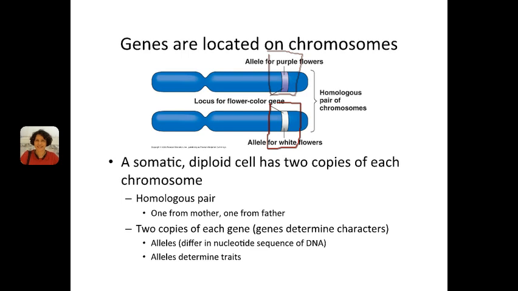Remember that the alleles are the ones that are going to determine the traits. And alleles are two versions of the same gene, but they will differ in the sequence of their nucleotides, and usually it is a small difference.